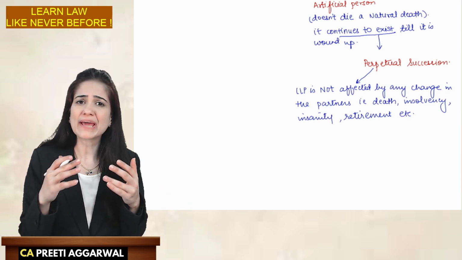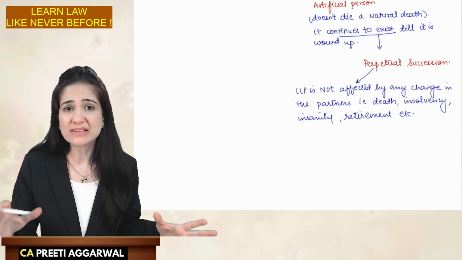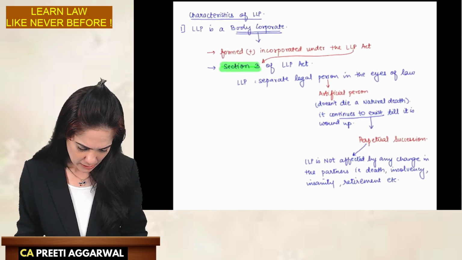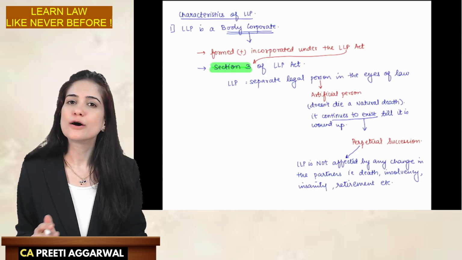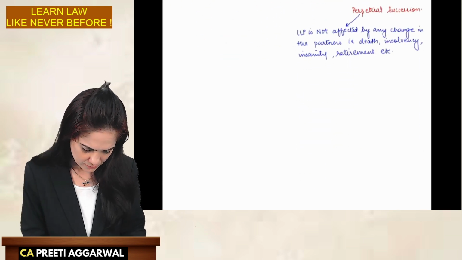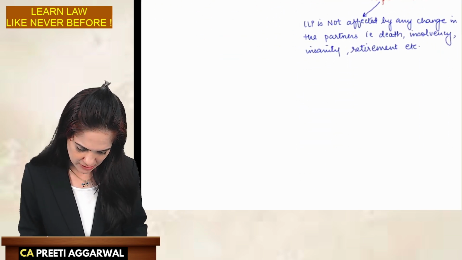It has its own existence, it has its own rights, it has its own liabilities. It is a separate person. So LLP is a body corporate. I hope you mentioned all this in your notebook. Yes. Let us continue our discussion.